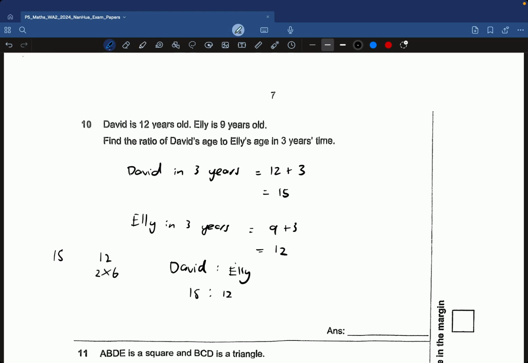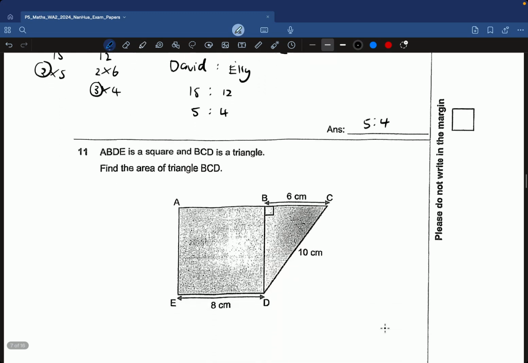You can't divide 15 by 2, but you can divide by 3. So 3 times 5, and then 3 times 4. So you can see the smallest common factor is 3. So that means for 15, we divide by 3. This will be 5, and this will be 4. So the answer to this will be 5 is to 4. All right, let's move on to question 12.